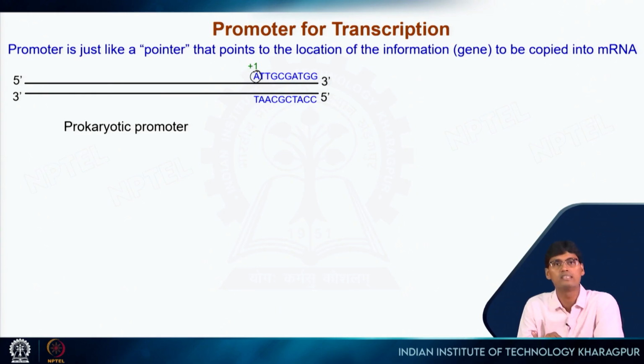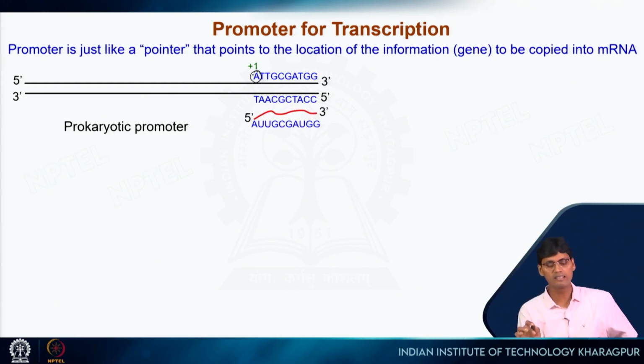The starting point of the gene, this A, the first nucleotide, we denote as the +1 site. Then the next nucleotide T is +2, +3, and it will go like this. And just upstream, in this case on the left side, we go -1, -2. There is no 0, right. So whenever the gene starts, the first nucleotide is +1 and towards the left side, on the upstream, it is -1, -2 position.